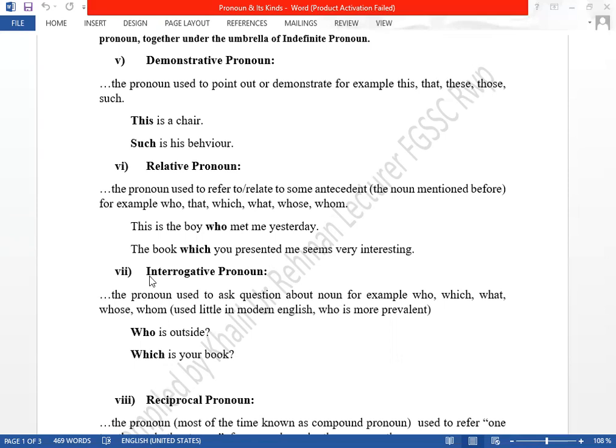The terminology will remain the same, but the kind changes. It will turn into an adjective, and that part of speech will be an adjective, not a pronoun.